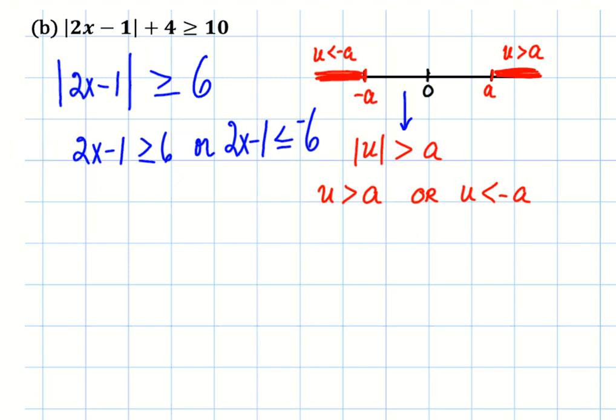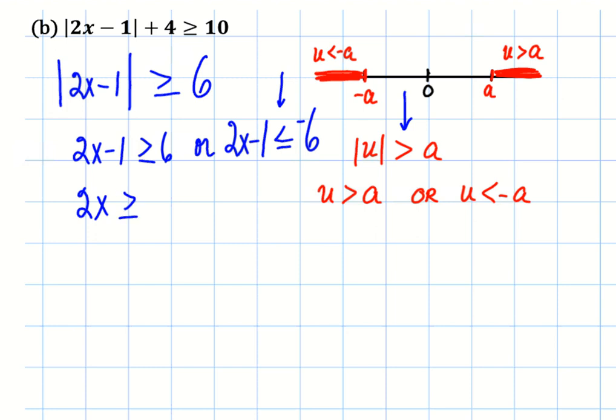Okay? Again, let me rephrase that. When you write it the first time, it's going to be exactly like the problem without the absolute value. And the second time, you're going to change the inequality from greater than to less than, and the number would be negative.